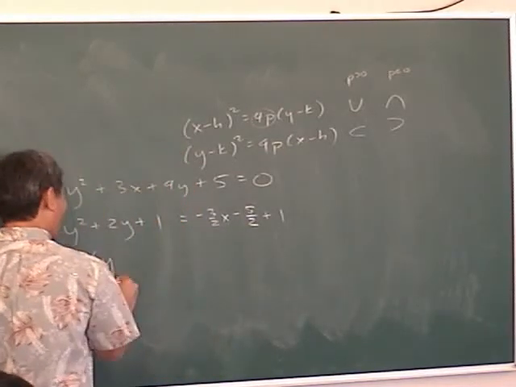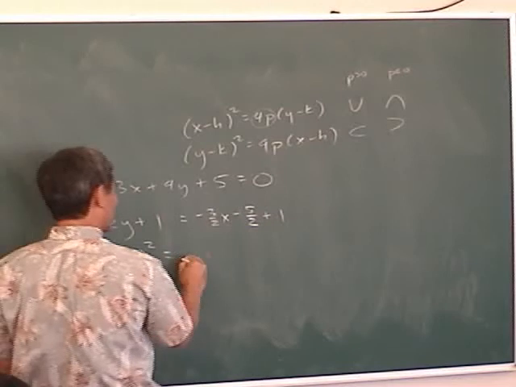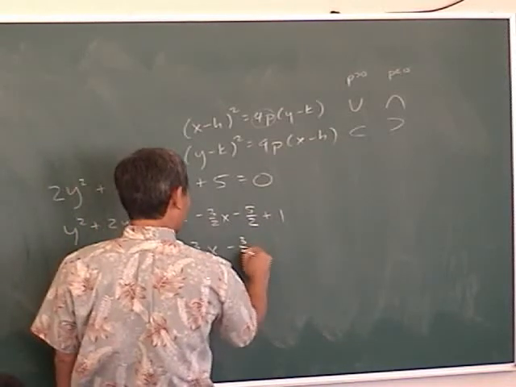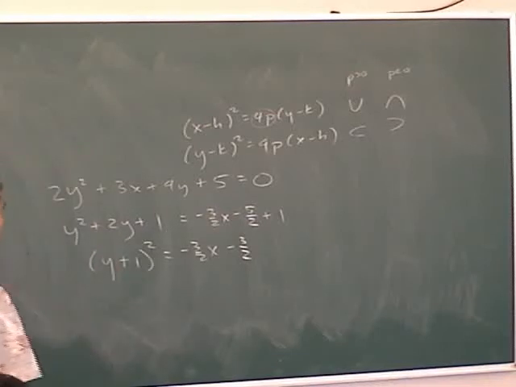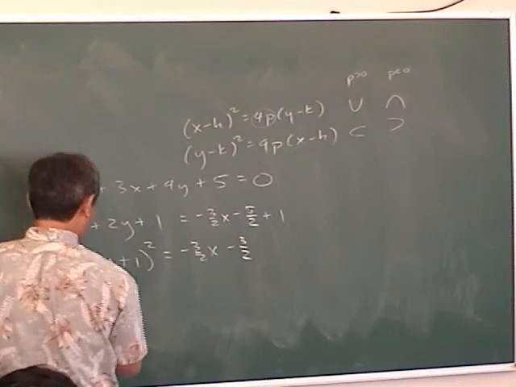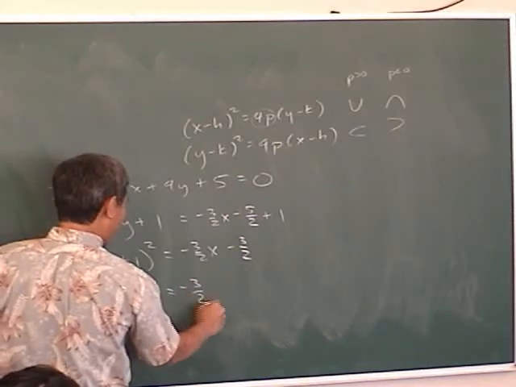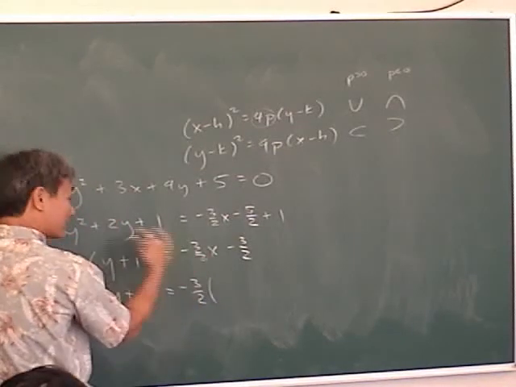So you get y plus 1 squared equals negative 3 halves x minus 3 halves. Is that standard form yet? Well, the left side is, but the right side is not, right? So what do I have to do to the right side to put it into standard form? You got to factor out a negative 3 halves. Whatever the coefficient of x is, that's what you factor out.